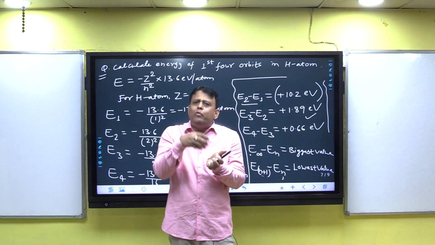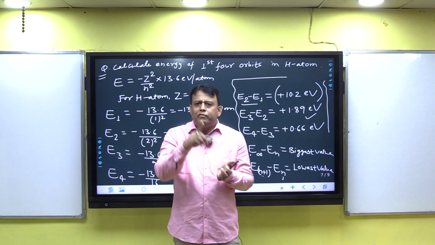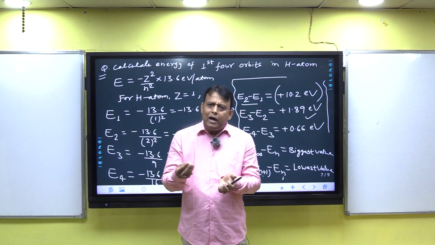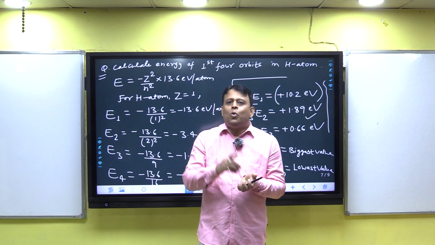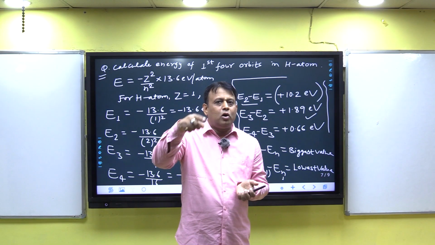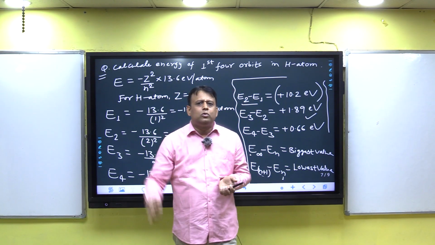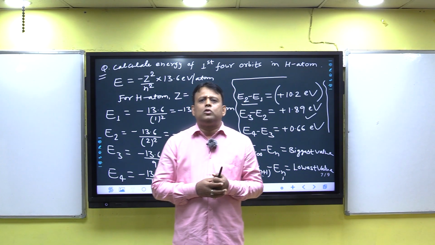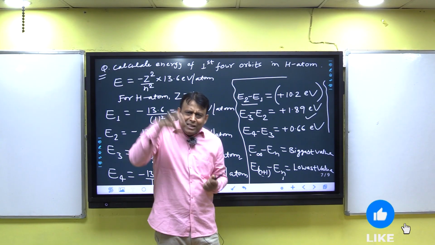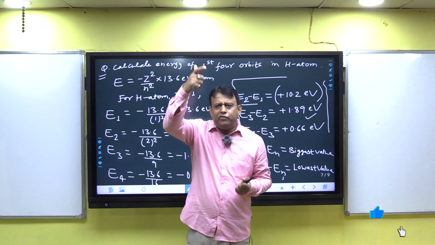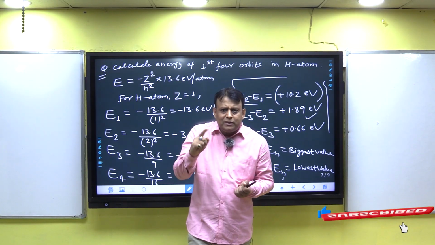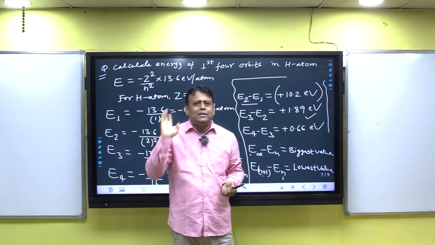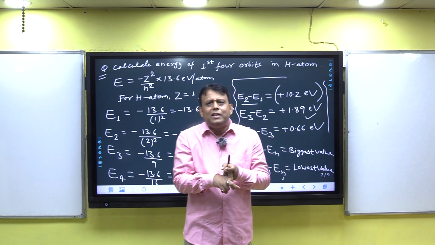So when delta E is highest, frequency will be highest, and wavelength will be lowest, because frequency nu is equal to c upon lambda, and frequency is inversely proportional to wavelength. So for any orbit, highest delta E is E infinite minus En, highest frequency is E infinite minus En, and lowest wavelength is E infinite minus En, because frequency and wavelength are inversely proportional.